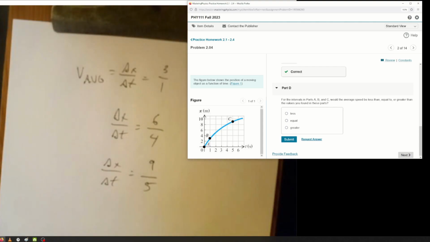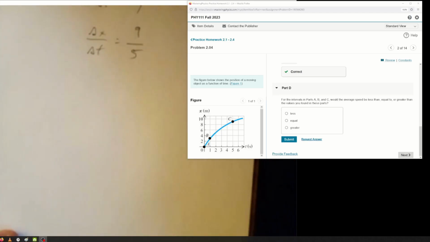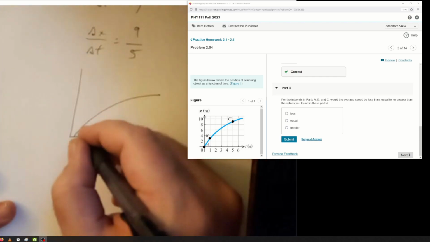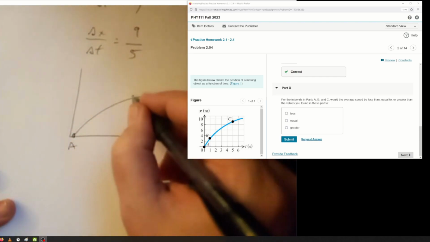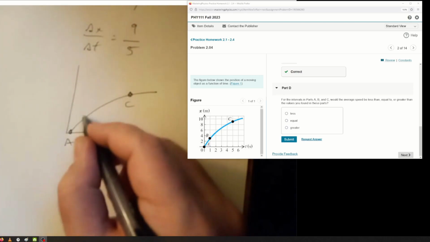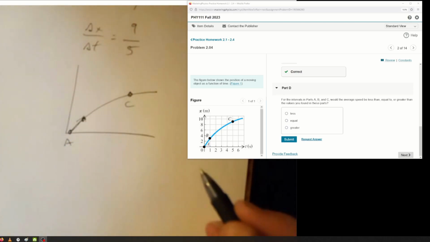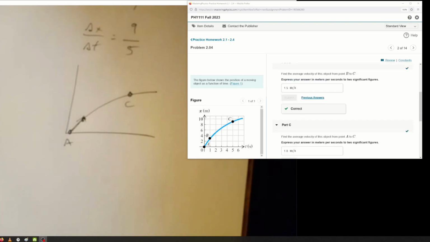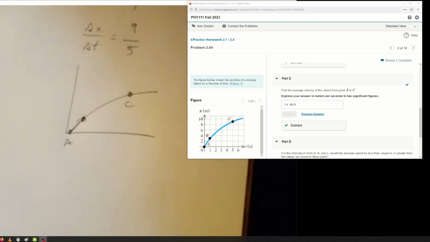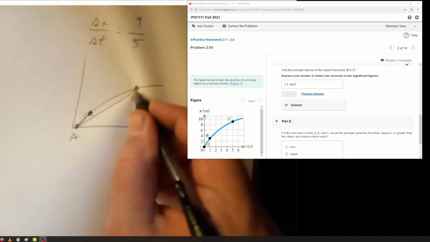So for the intervals, what's maybe best here is we just did A to C. And this one was the steepest. We look at our first answer. We went from 3, and 1.5 for B to C, and then 1.8 when we went all the way. So I was connecting these two dots.